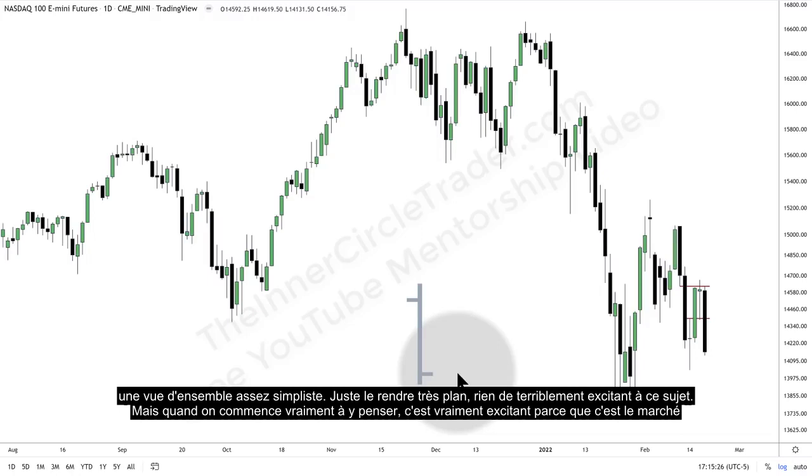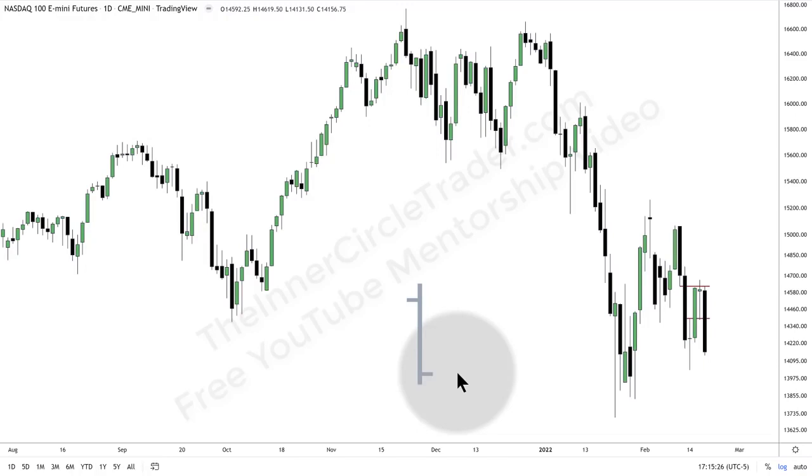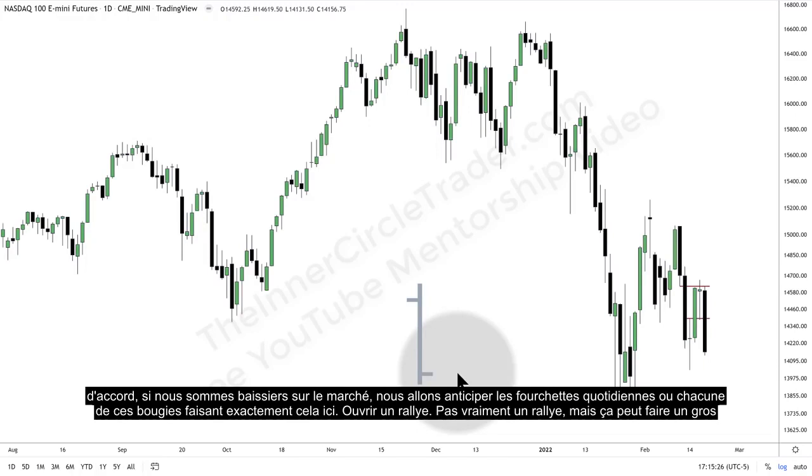But when you really start to consider it, it is really exciting because this is the market right here. If you understand this and you can study a daily chart, daily bias will become easier for you if you start implementing it with this mindset. So if we're bearish on a market, we're going to anticipate the daily ranges, or each one of these candles, doing this very thing here.